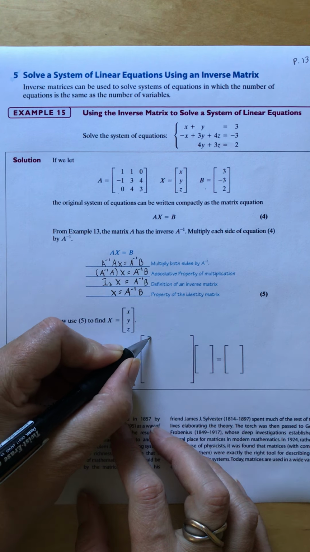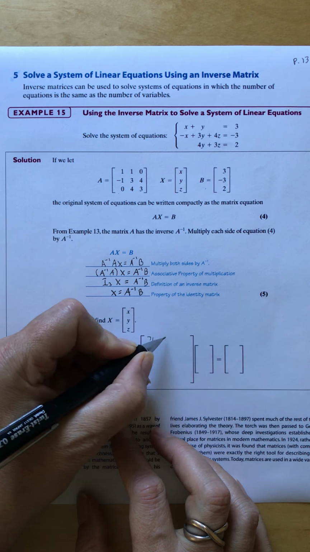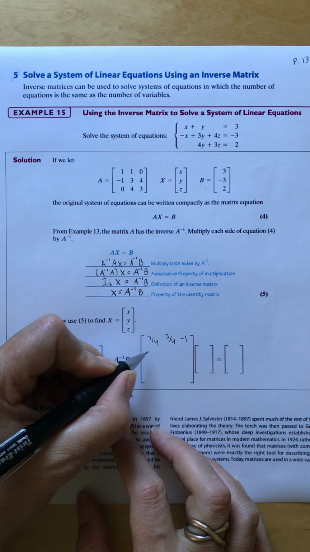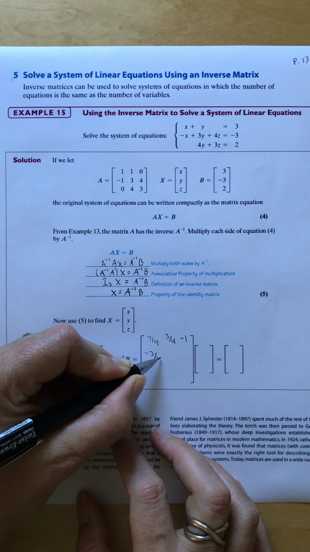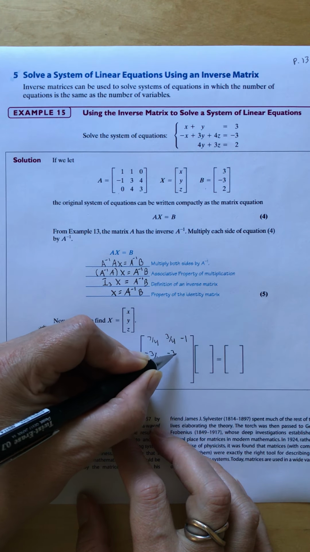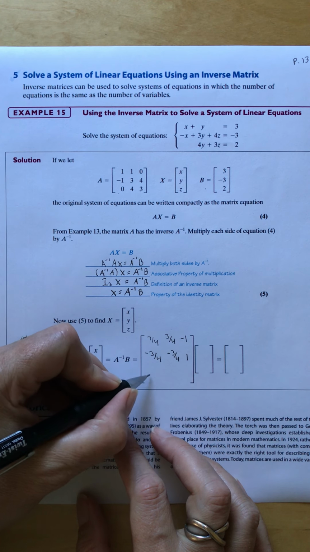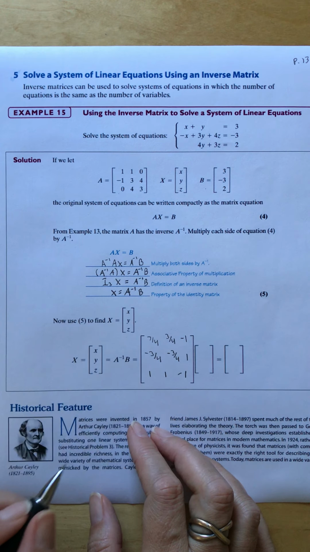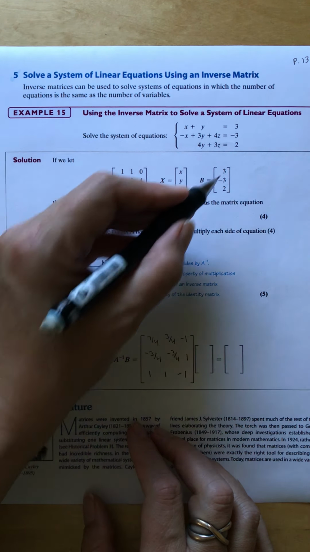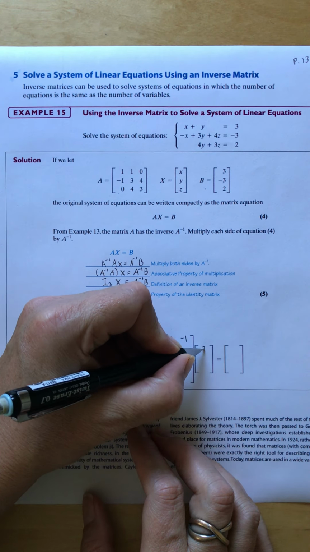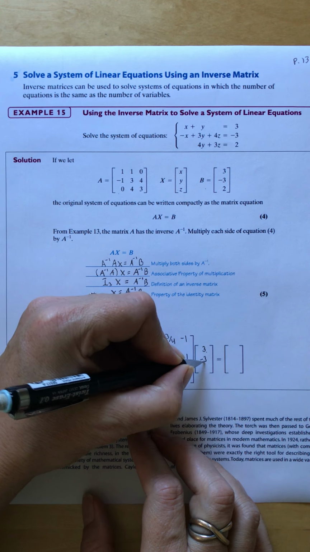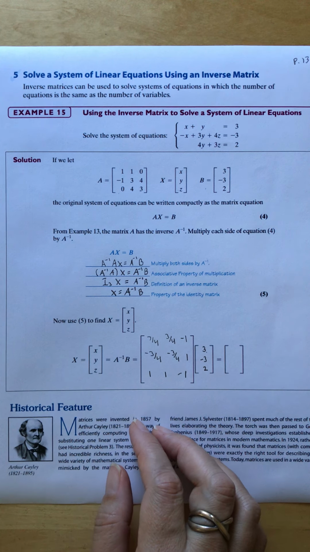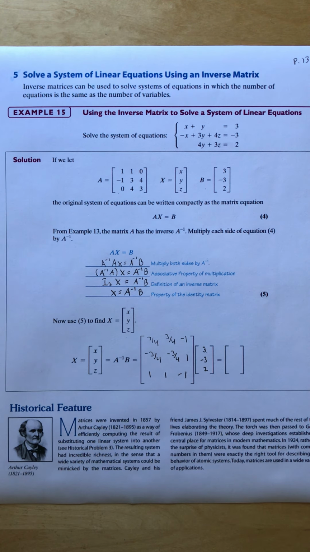It ends up being 7/4, 3/4, -1, -3/4, -3/4, 1, 1, 1, -1. And this is the answer that I want to get, 3, negative 3, 2. And then this matrix will give me the solution to that.